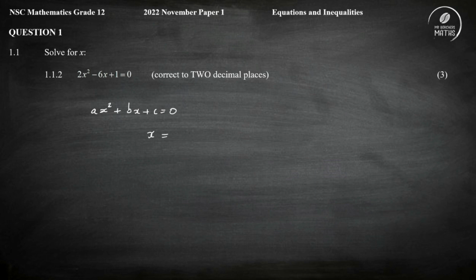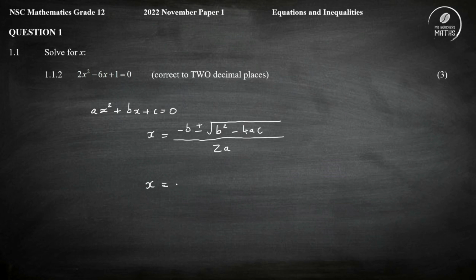When you're given a quadratic equation in the form of ax squared plus bx plus c, it can be rearranged to have x on the left equaling negative b plus or minus the square root of b squared minus 4ac, all of that over 2a. Using that formula, we can substitute the 2 instead of the a, the negative 6 instead of the b, and the 1 instead of the c into our quadratic formula.